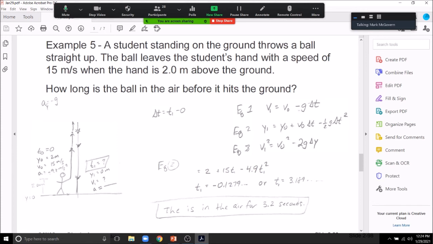We are not concerned with how the ball left the hand. All we know is that it left the hand at 15 meters per second. The actual process of throwing is not of interest to us here, and I will not put that anywhere in my problem. Same thing, it goes up, it comes down, and it's going to strike the ground. But we want the moment just before it hits the ground. We don't want to talk about it hitting the ground because there's a whole different acceleration happening there. There's a collision.